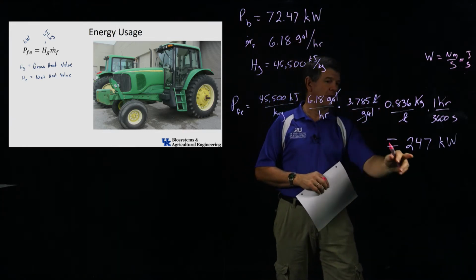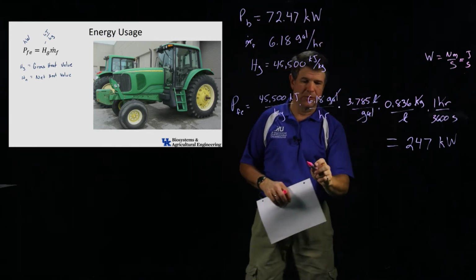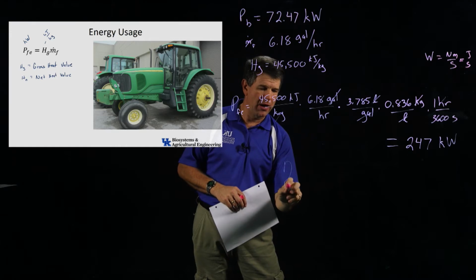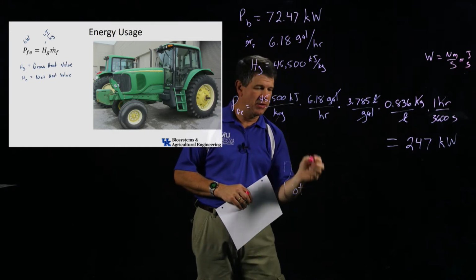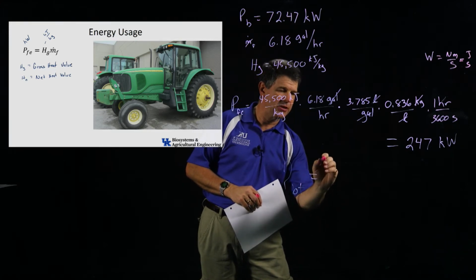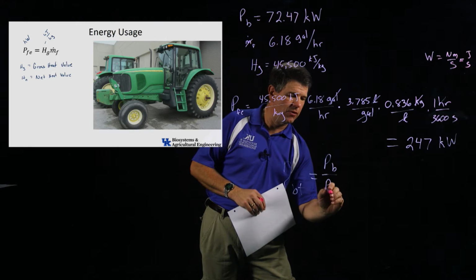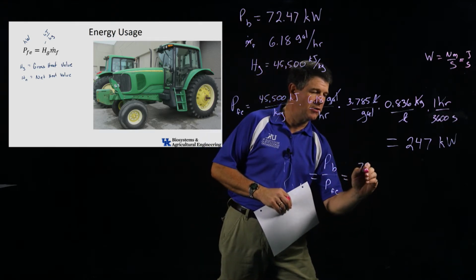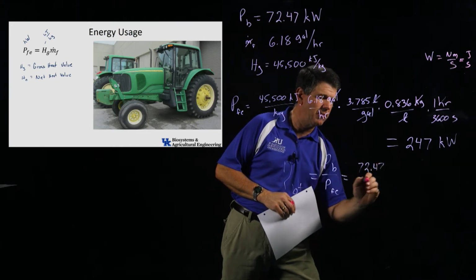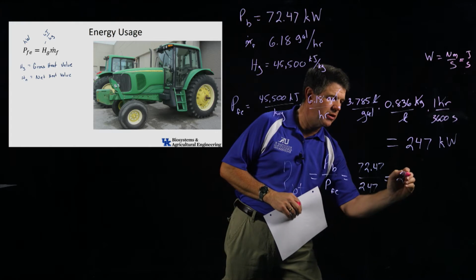Wow, look at that, 247 kilowatts going in, I'm getting 72 out. So what is my brake thermal efficiency? If I take a look at that, the brake thermal efficiency, BT, we said was the brake power divided by the fuel equivalent power, and that is 72.47 divided by 247, and that's about 29%.